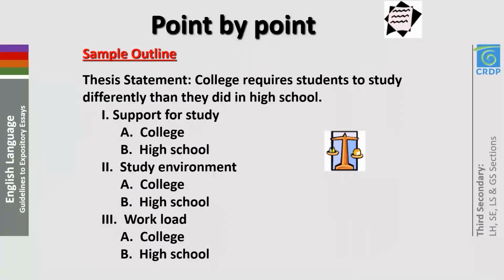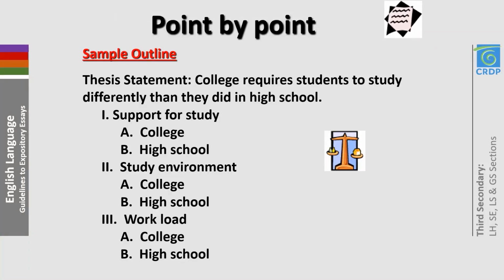When it comes to point by point, things become a bit different. This is a sample outline. You start with the thesis statement: college requires students to study differently than they did in high school. In this type of development, what you do is get the categories or the points, each in one paragraph, and you write the things related to the two items.